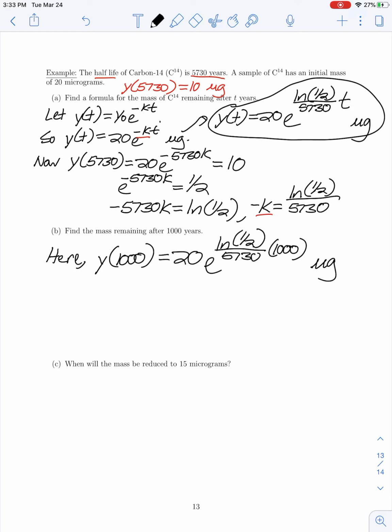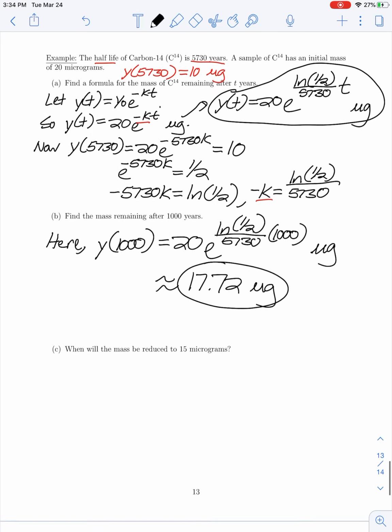Without a calculator, this is a little tricky to evaluate. We would have to leave our answer in this form, or for practical purposes, we might approximate this, and in this case, it works out to 17.72 micrograms.